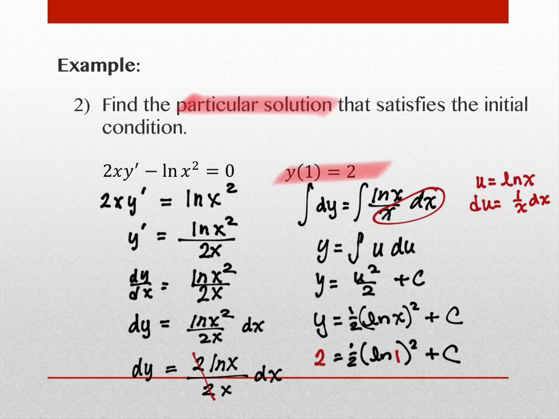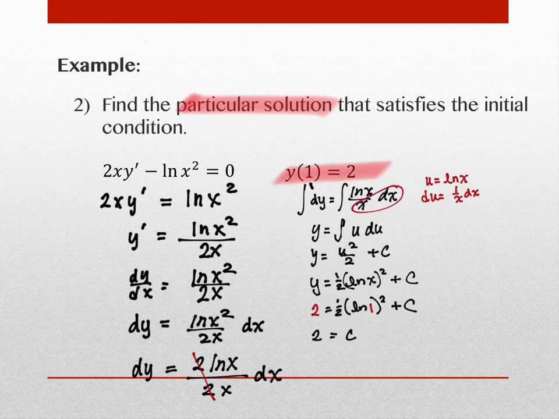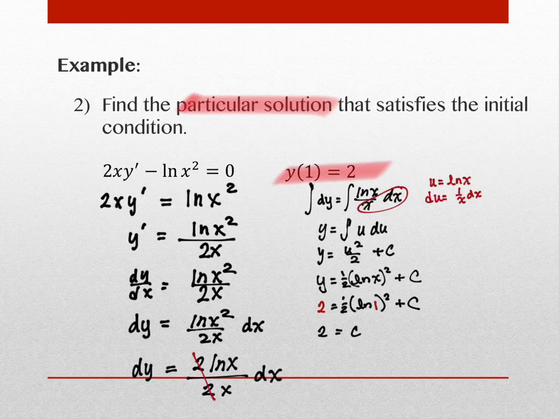That's 0. So everything over here except for the c is actually equal to 0, right? So what's c? C is 2. So then my final answer, which I'm out of space to write, so let me shrink this all a little bit. My final answer for this would be that my y is equal to 1/2 natural log of x squared and then plus 2.